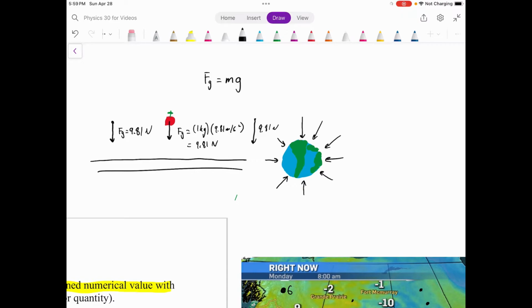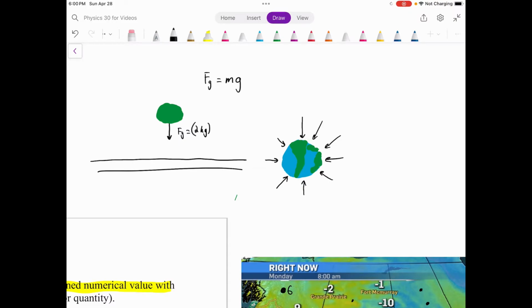But then you start to think about it and you realize, well, there's a problem with that. Because the apple, sure, if it's 1 kilogram, it'll feel 9.81 newtons of force. But what if it were something bigger? What if it were a watermelon? And this watermelon has 2 kilograms of mass instead of 1 kilogram.